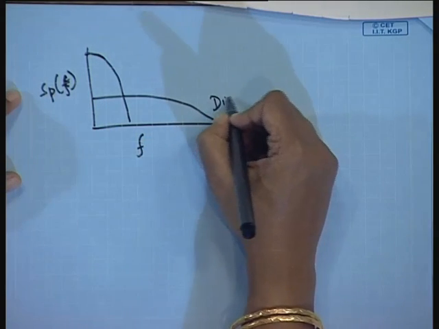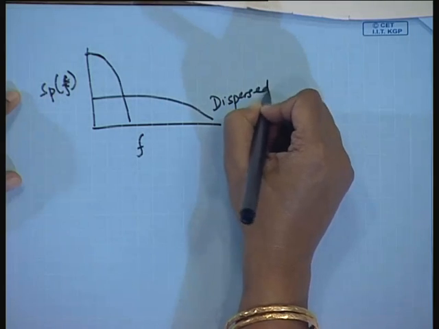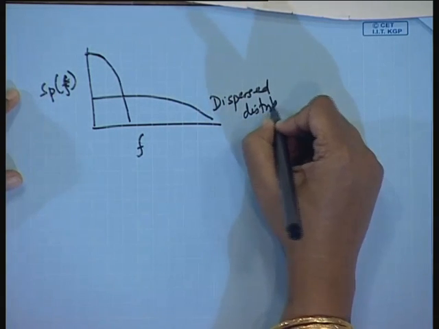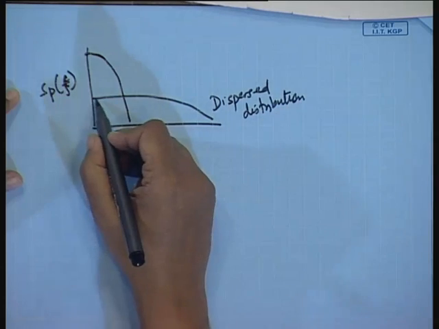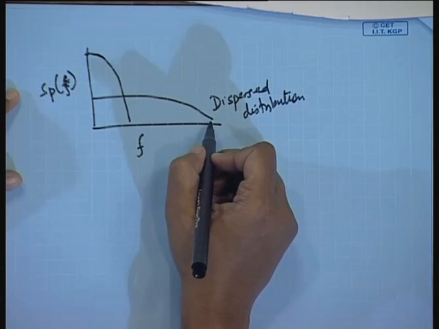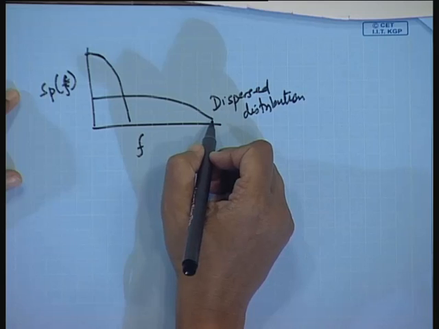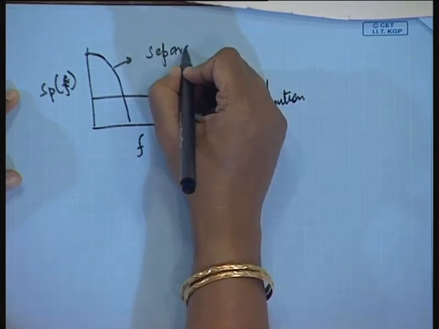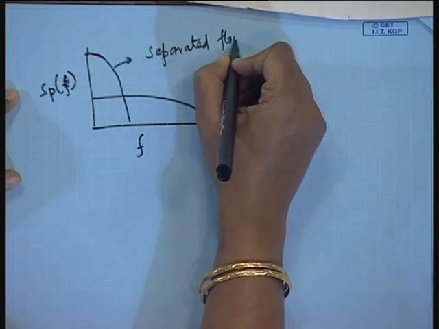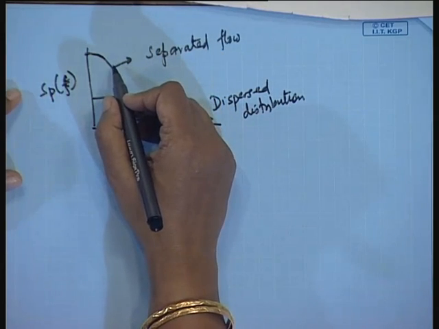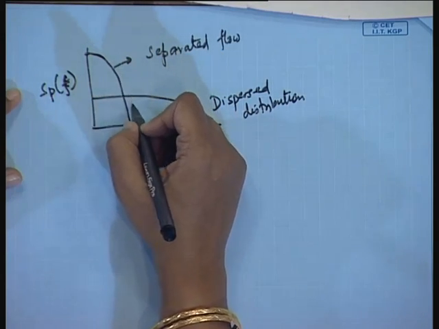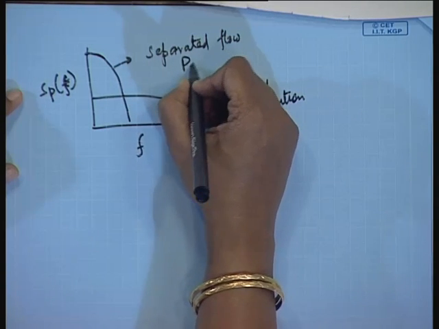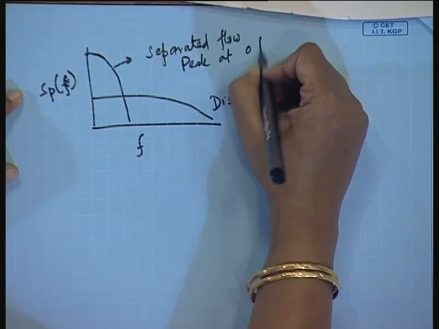Usually if you perform PSDF for pressure drop analysis for any dispersed distribution, we have almost a uniform frequency response for all cases. So, it gives you a flat curve like this. For any separated flow, you get a peak at f equal to 0, and that decays rapidly with increasing frequency.